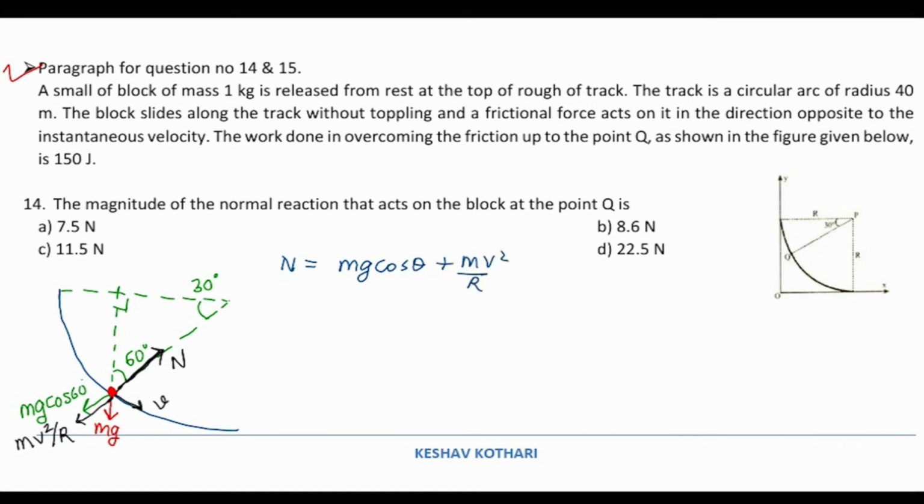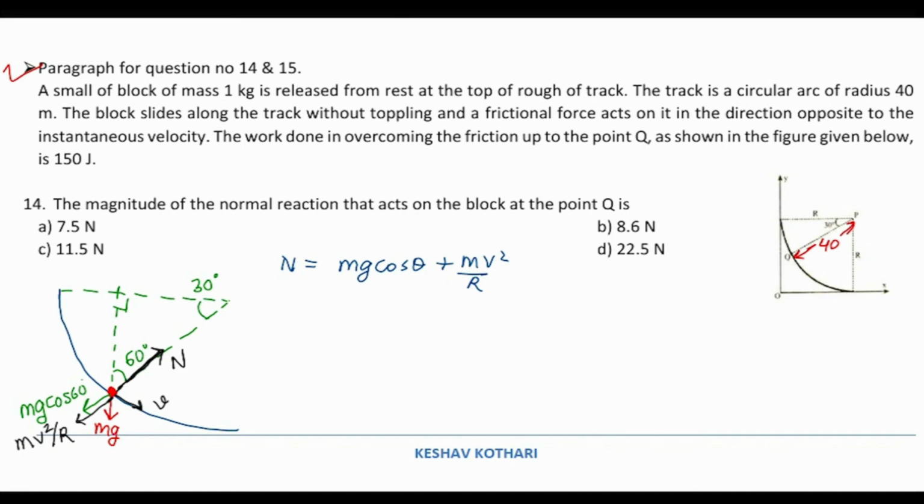Now in the next part over here, I am breaking the component of the distances that we have traveled. So this is equal to 40 meter, which is mentioned in the problem, which is the radius of this particular circular track.